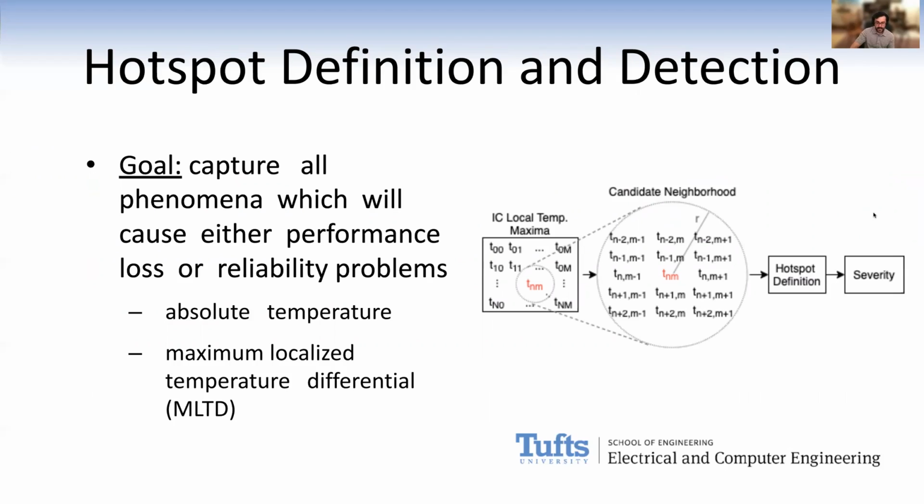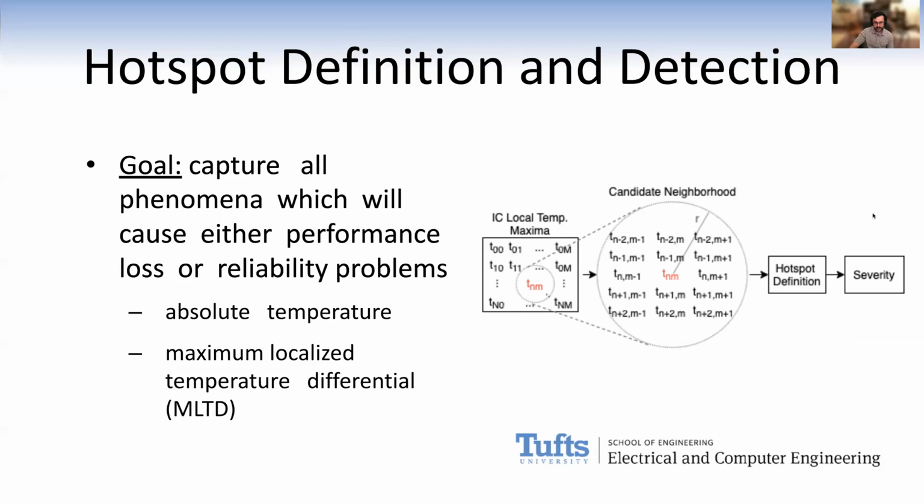For example, absolute temperature negatively affects reliability and in fact affects transistors and interconnect differently. Large nearby temperature difference, or MLTD, on the other hand, affects performance by impacting the safe clock timing margin.